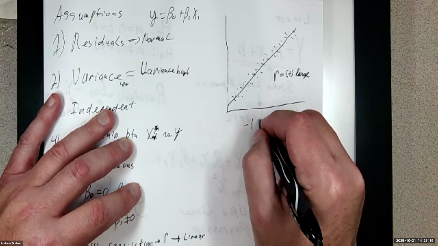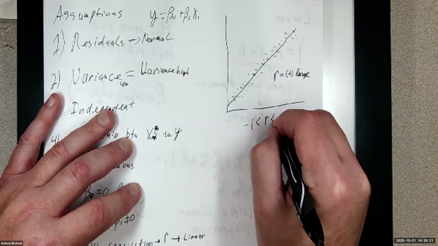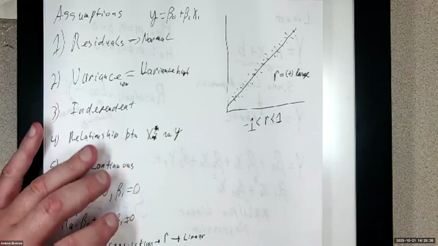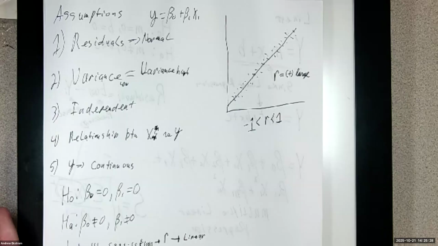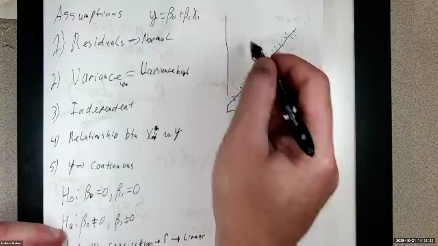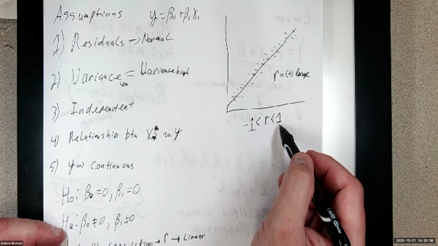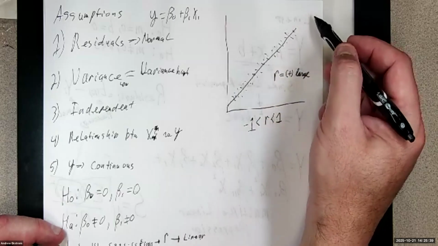The values we can have for R go from -1 to +1. If you have -1, it's a perfect correlation, and it's actually going to be sloping down.